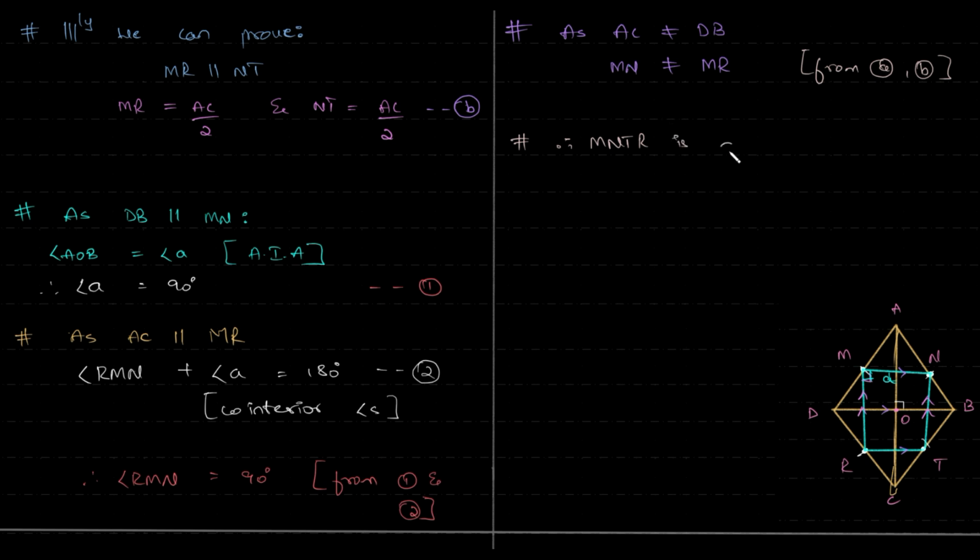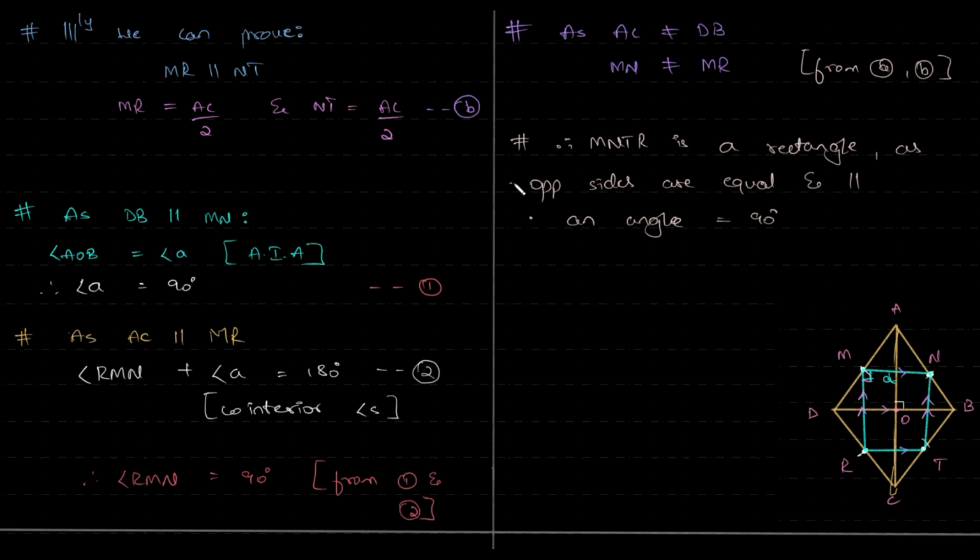MNTR is a rectangle as opposite sides are equal and parallel, and an angle is equal to 90 degrees.